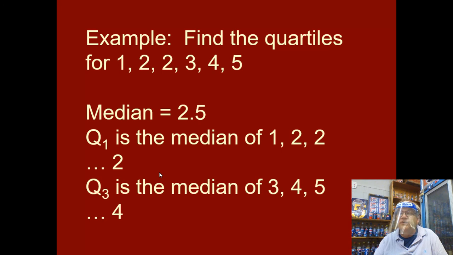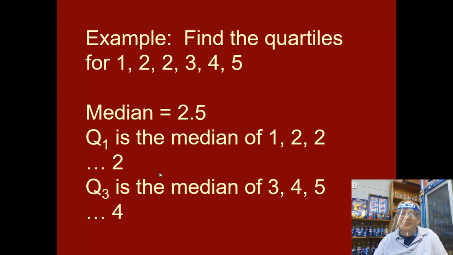Again, it's just Stat, Edit, and then put those numbers in your list. And after you're done with that, what you want to do is calculate one variable statistics, so stat, calc, and pretty much just keep hitting enter.